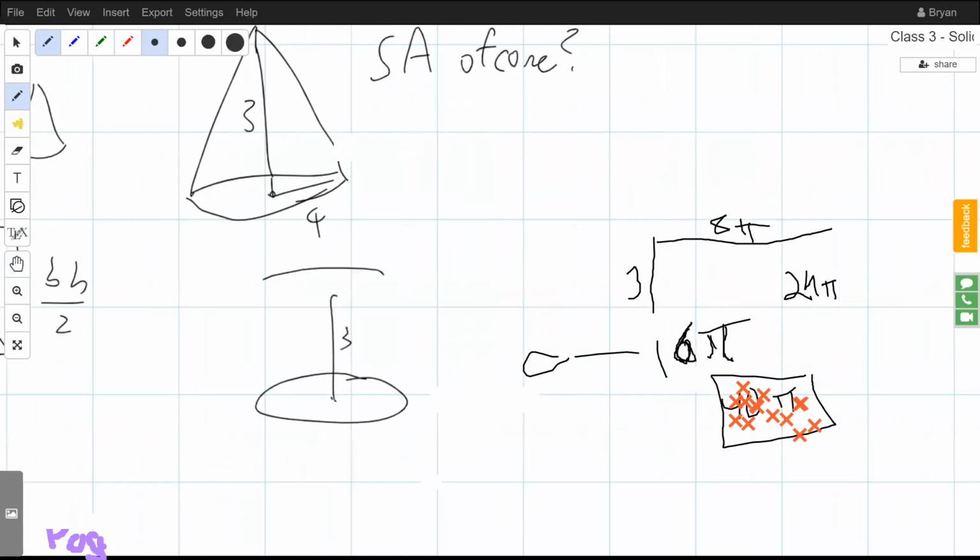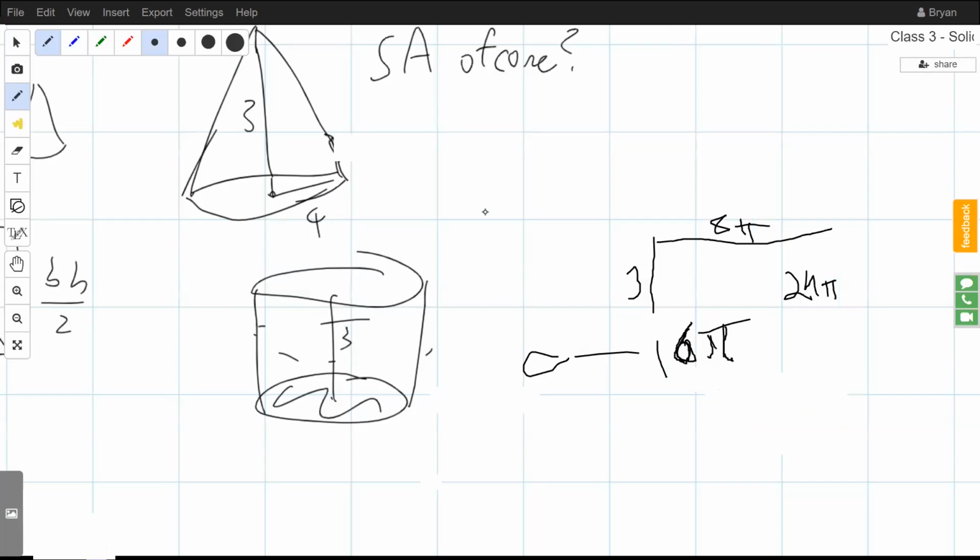So you're taking the surface area of the circle plus the surface area of what a cylinder of height 3 would have. As I mentioned before, the lateral surface area of a cone is not shaped like a rectangle. It's shaped like a circle missing a sector, right?